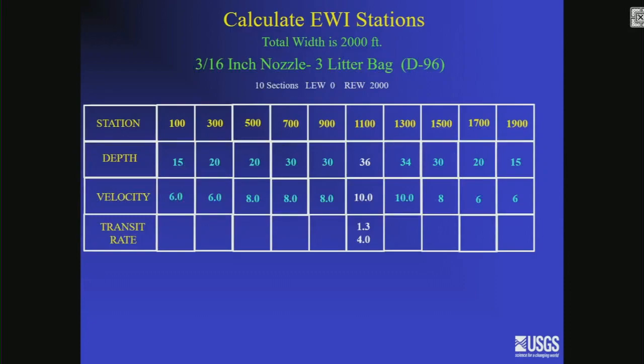Let's say we had velocity information for all of those sections, and we were able to determine what the appropriate transit rate would be for each section. So looking at what my range is in my deepest, fastest, compared to what my ranges are in all the other sections, what would be probably a good transit rate within this range that would satisfy the requirements in all of the others?